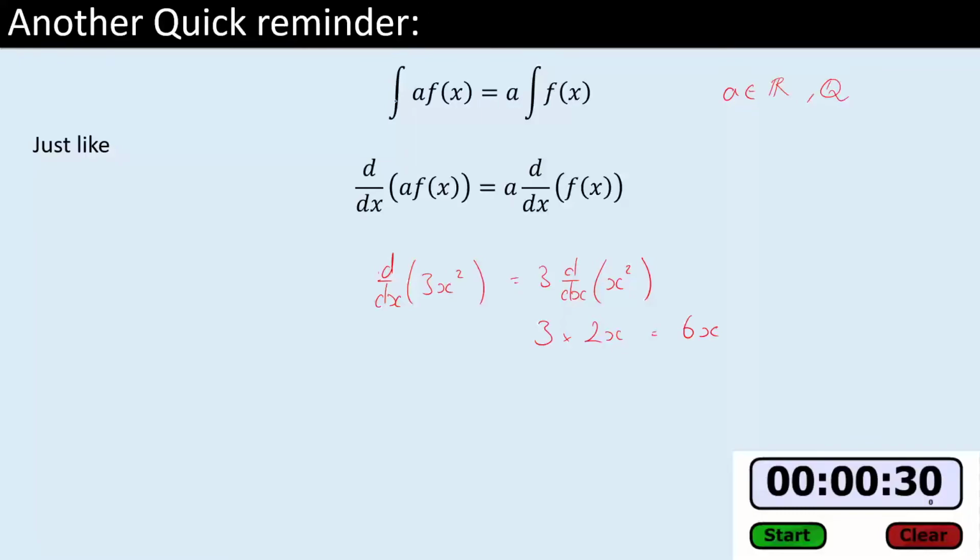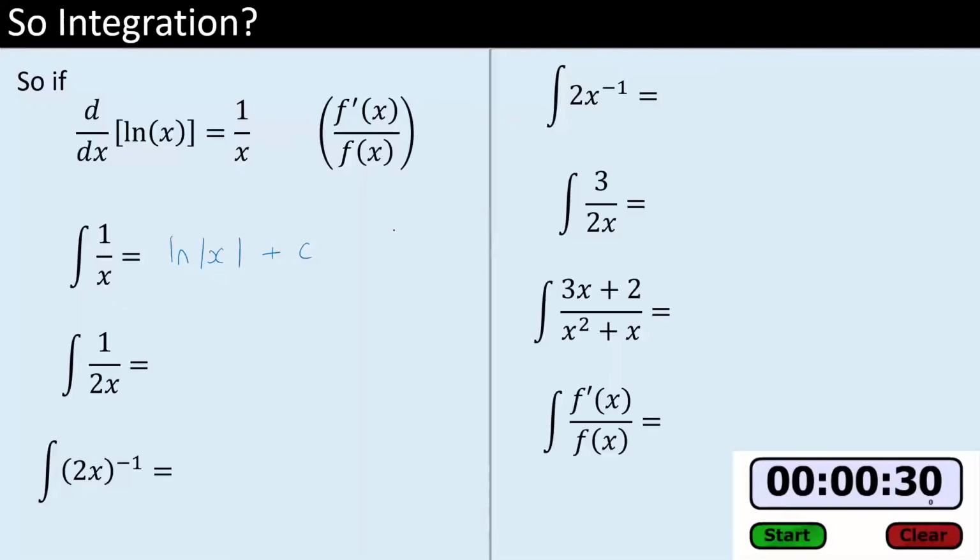Okay, so remember, if we've got a constant times a function, we can take the constant outside of the integral. Now, 1 over 2x can be split up into two different things. What can that be split up into? I'll give you a clue. It's a fraction times another fraction.